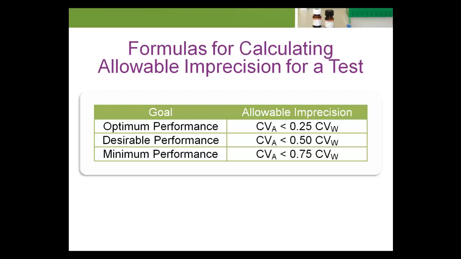Using the formulas suggested by Dr. Fraser, allowable imprecision is calculated where CVA represents total allowable imprecision, and CVW represents within subject biological variation as published.